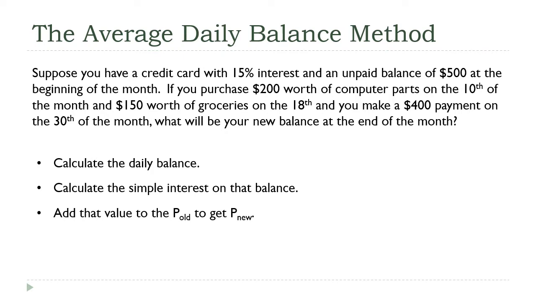We have a credit card, you have an interest rate, and stuff happens. You have an initial balance, you use the card, and you make some payments on the card, and they happen at different times.